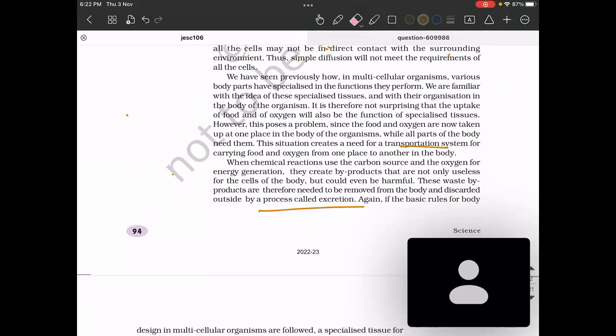Okay, what are the components of our transport system? Pumps, capillaries, and fluid blood. Yes. So the pumping organ, the heart, and then arteries, vessels, capillaries, veins, all of these are components of the transportation system.